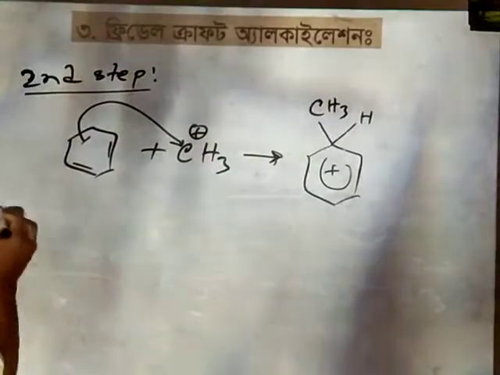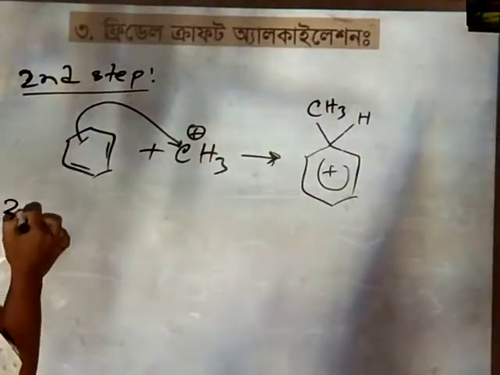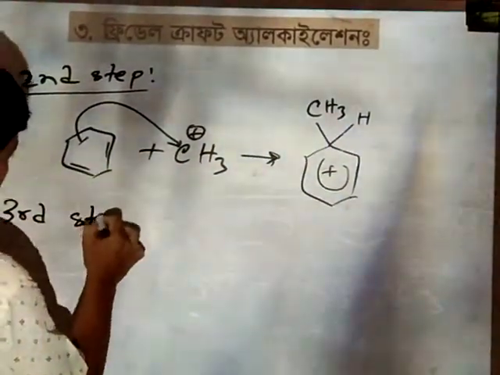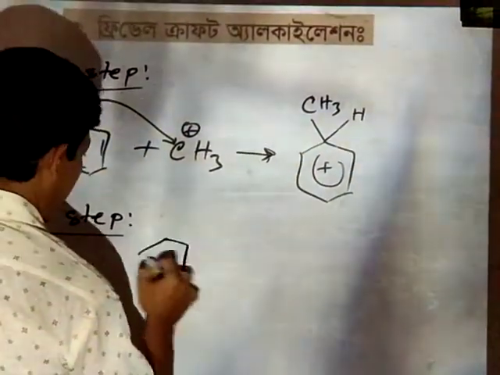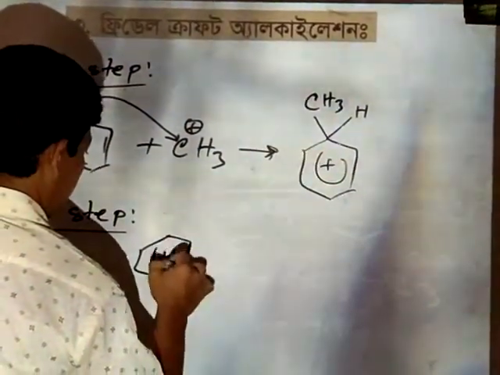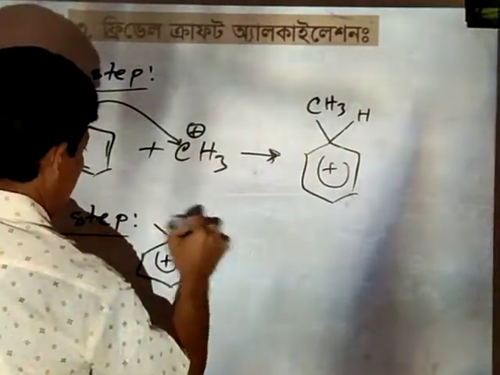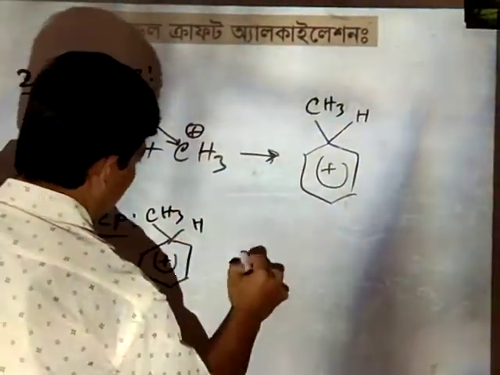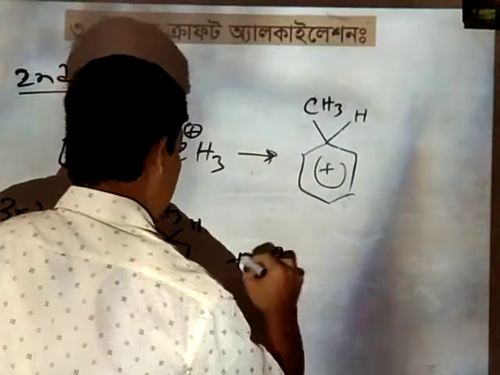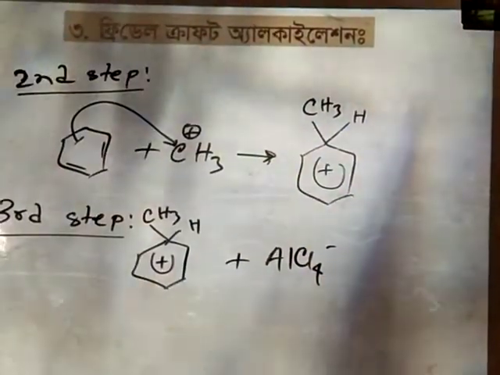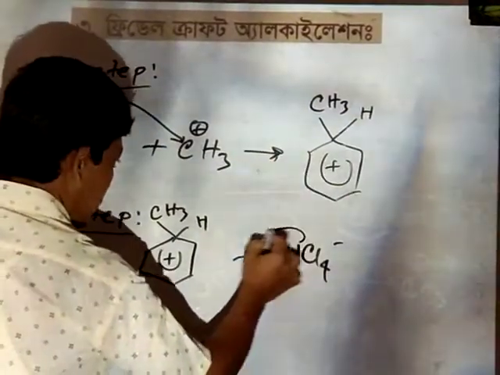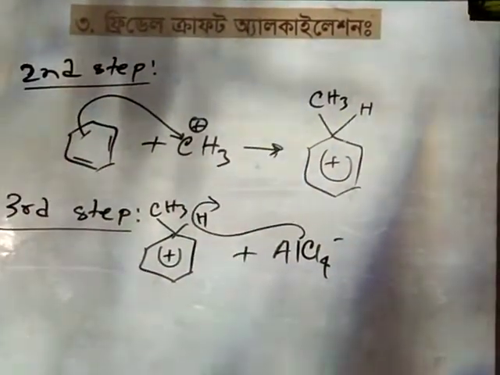For this, we can see in the third step, here the sigma complex will react with aluminum tetrachloride, which will act as a base and attract the hydrogen ion.